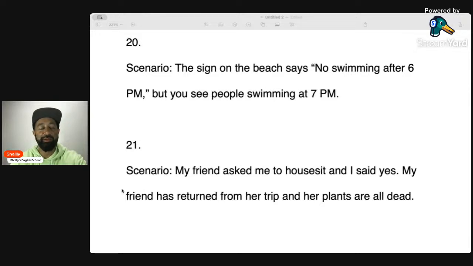All right, so number 21 is another one here. It says, my friend asked me to house sit, and I said yes. My friend has returned from her trip, and her plants are all dead. Can we make a be supposed to sentence with this?